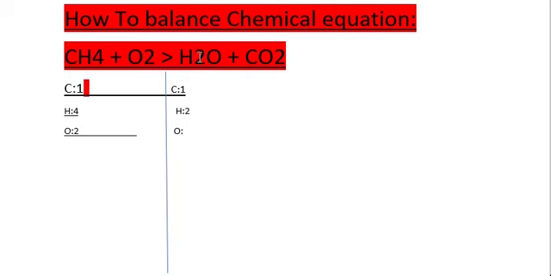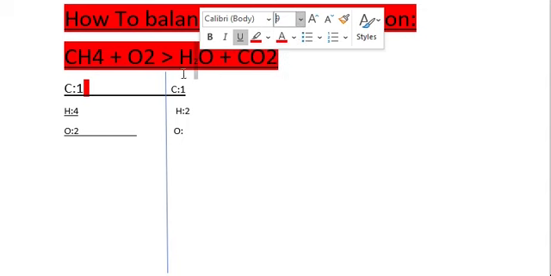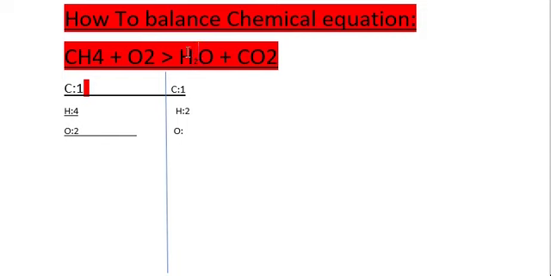The smaller numbers only represent the atom next to them.